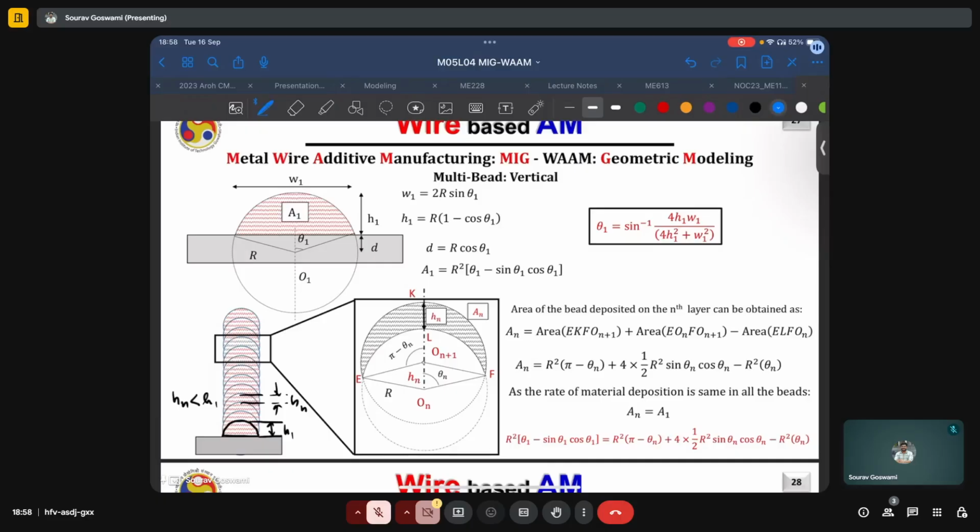And this has again been modeled here in this figure to the right, where we see that for the nth layer, the center is denoted by ON. For the n plus 1th layer, the center is denoted by ON plus 1.